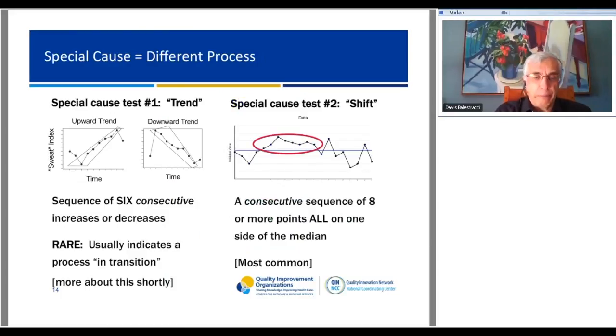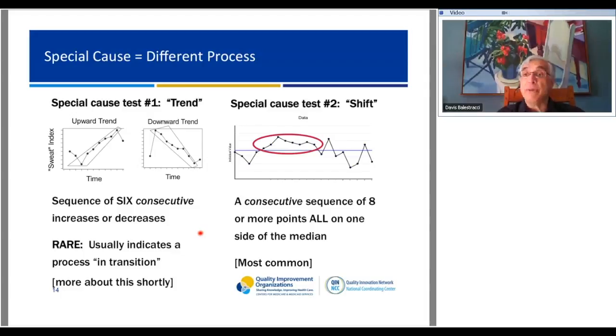So when we get the run chart, we're going to have 2 different tests to apply. Number 1 is the trend test. And the way a trend is defined is 6 successive increases or 6 successive decreases.